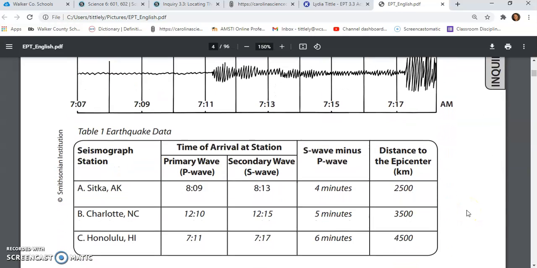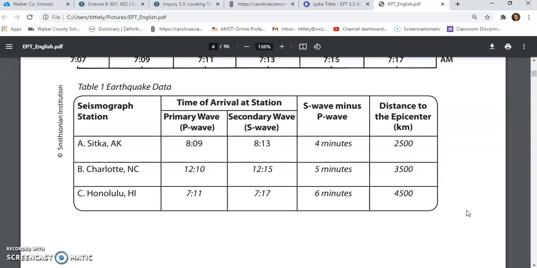All right, if we go on down and look at our earthquake data, we're going to use those 3 seismograms up at the top to help us find the time of arrival at the station for the P waves and the S waves, and then we're going to find out the distance there, and that distance will be based on our graph from our book.